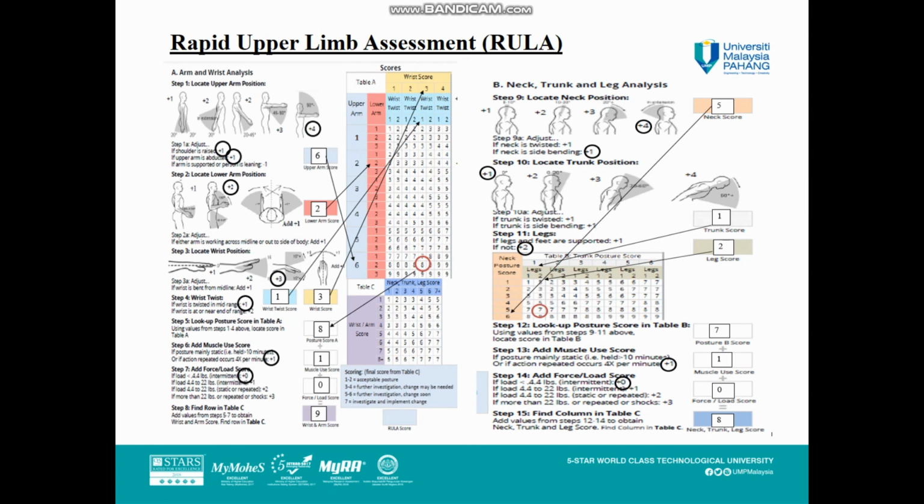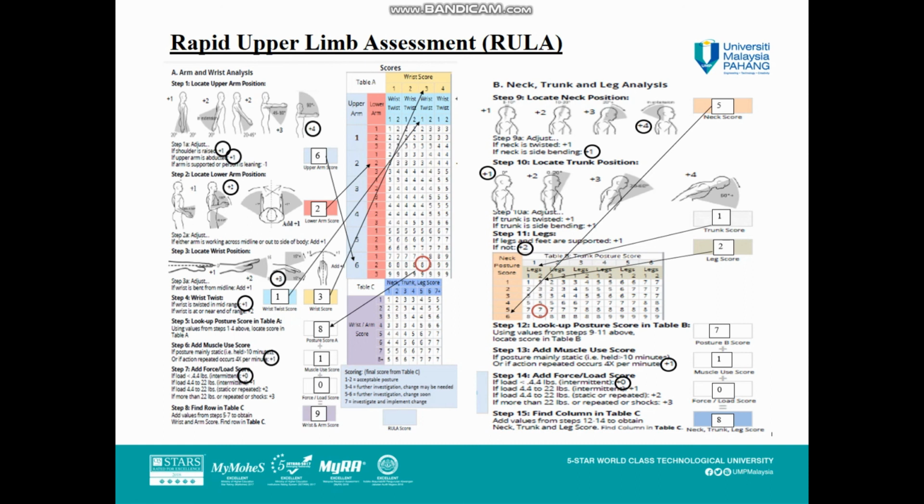Then step 3, locate wrist position. We choose +3. If the wrist is bent from the midline, we add +1. So the wrist score is +3 and the wrist twist score is +1.